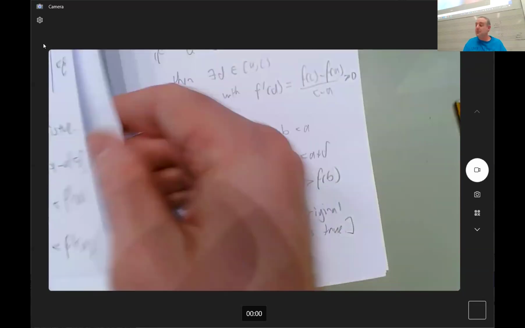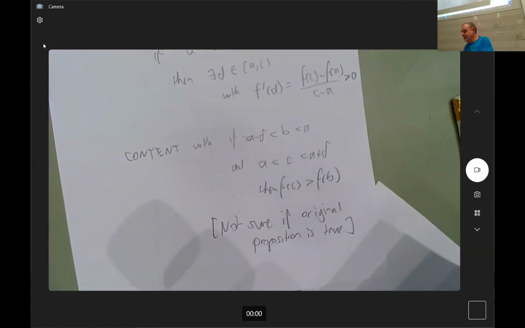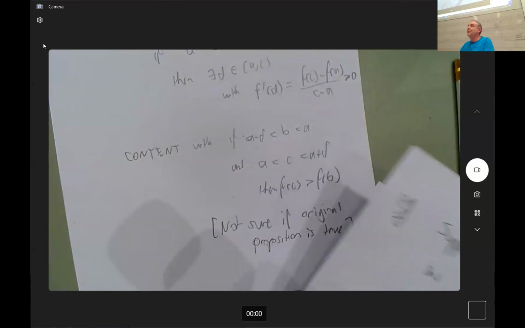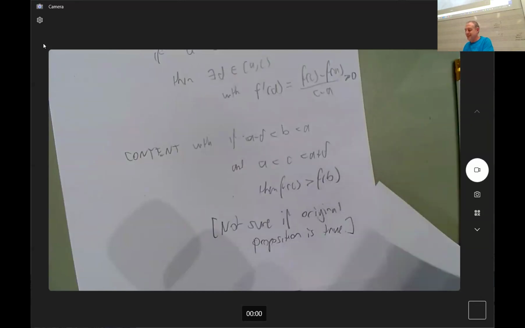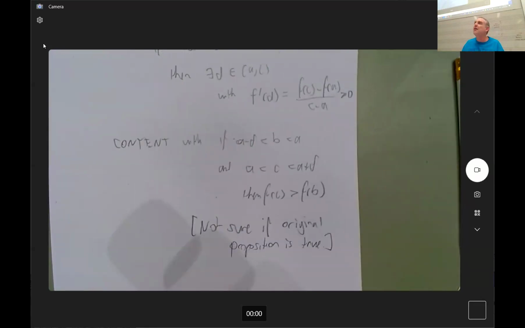If anything, there are some life lessons there about what to do if you don't know what to do. One of the problems some people face in a course like real analysis is that if they can't see how to prove it, they don't do anything. Whereas what I've got is at least something. I've proven that I understand what the definition of the derivative is, at least.